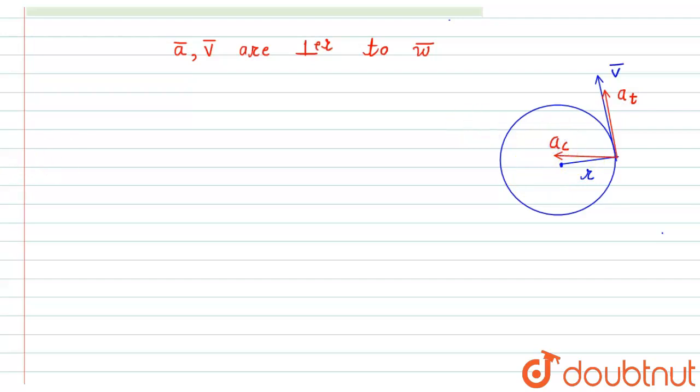Okay, so if you try to find the net acceleration for this, this net acceleration will be at an angle of theta with respect to the velocity. Okay, so here if we draw this, we can see that the net acceleration is inclined at an angle of theta with respect to the velocity vector in non-uniform circular motion.